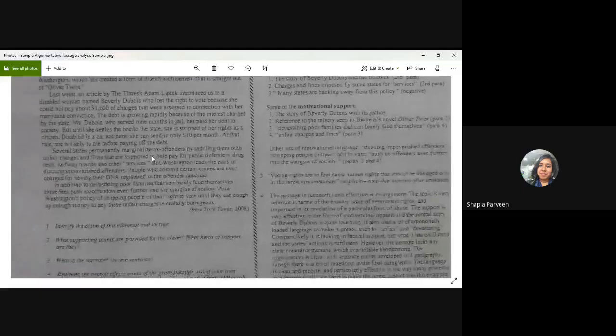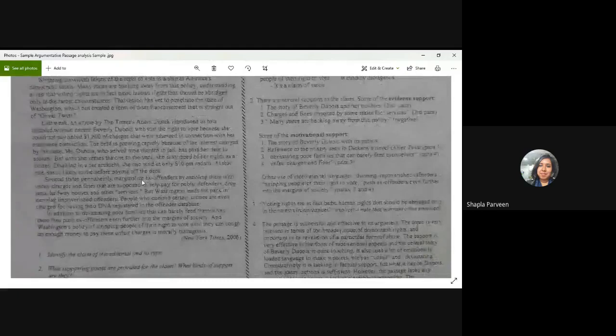And then there's another part called a warrant. A warrant is an additional support. Sometimes when the supporting points are not strong enough to convince the audience into believing the writer's viewpoint, an additional statement is needed. That is called a warrant.